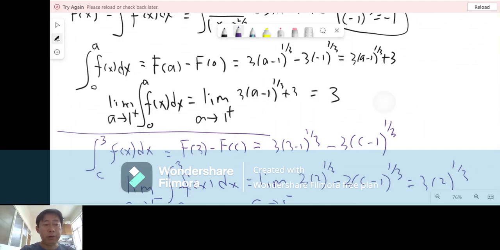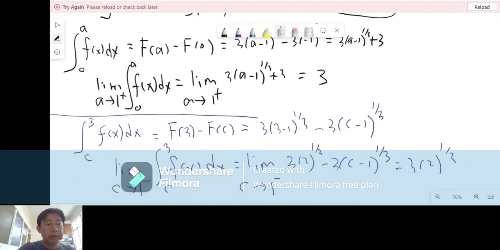So up to this point, we have arrived at the result that the limit of the integration on the left-hand side of the area is 3, whereas the integration of the area on the right-hand side of the curve is this.